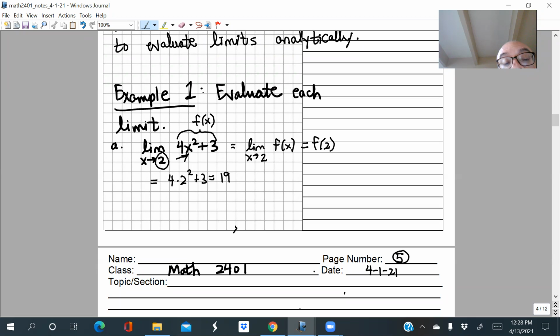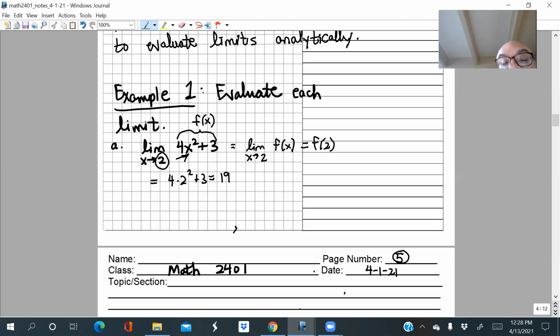All I have to do is take the 2 and plug it into the expression for x, and you get 19, and there it is. There's the limit. Okay, so it's the easiest possible limit you could compute, right? You just calculate that limit by substituting 2 in for x.